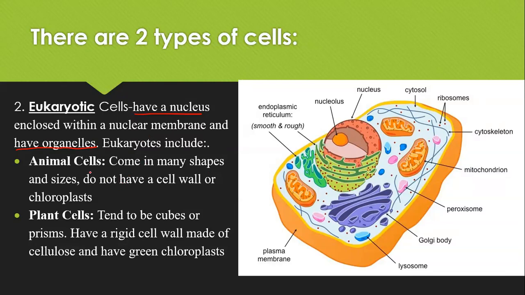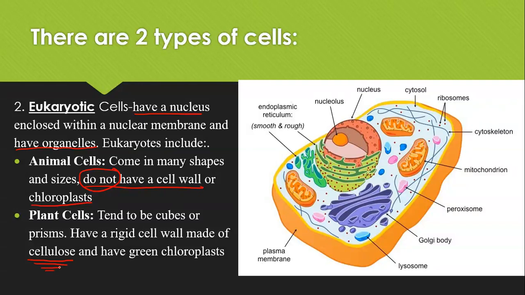Animal cells come in a variety of shapes and sizes. They do not have a cell wall and do not have chloroplasts. Plant cells tend to be more cuboidal or prism in shape. They have a rigid cell wall, and please highlight this word: cellulose.